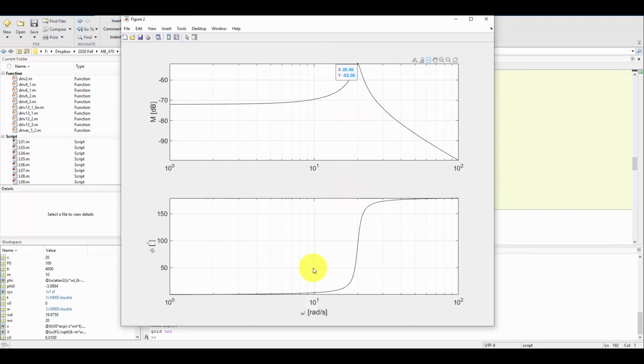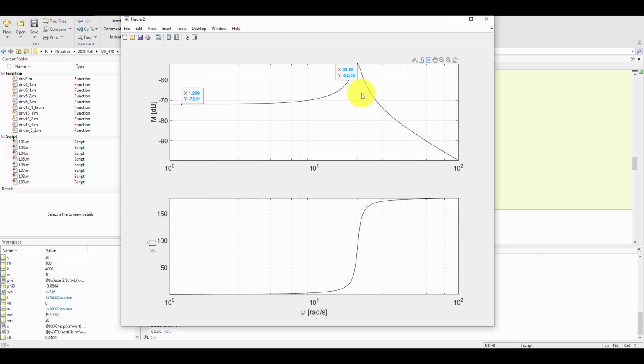So we were able to make our own Bode diagram just from the definition of the amplitude and phase of the steady state part of the solution, or the particular solution to our problem. So let's see what happens here. At low frequencies, we're at a pretty stable ratio between the output and the input amplitude, around -72 decibels. Then we have this peak, at about 20 radians per second, which coincides with the natural frequency, also the damped frequency of our system.